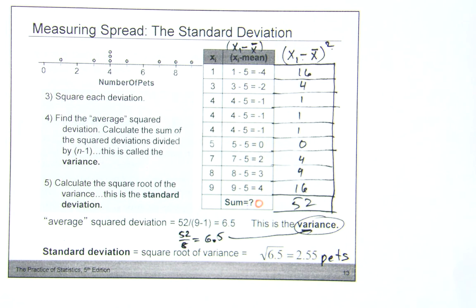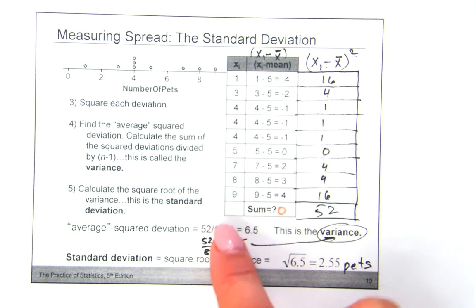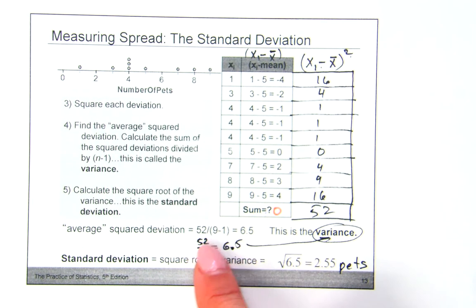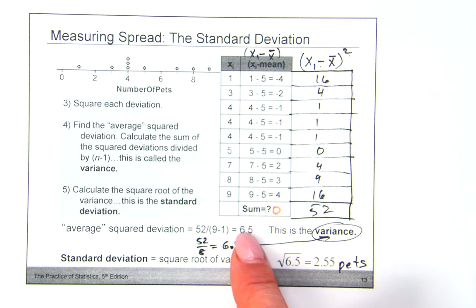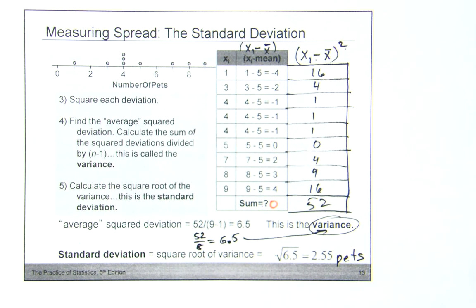Then you sum all that up, and then you divide by how many data points you have minus 1. In this case, we had 9 data points, subtracted by 1 is 8, and you get 6.5. That's your variance. You take the square root of that, and that's your standard deviation.